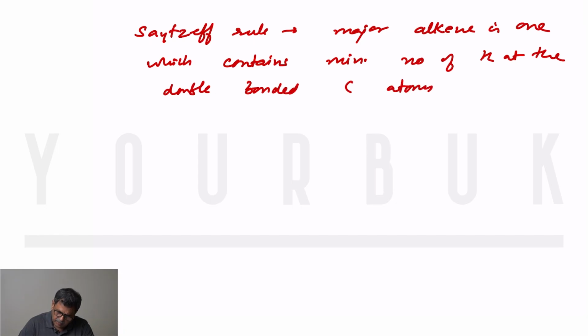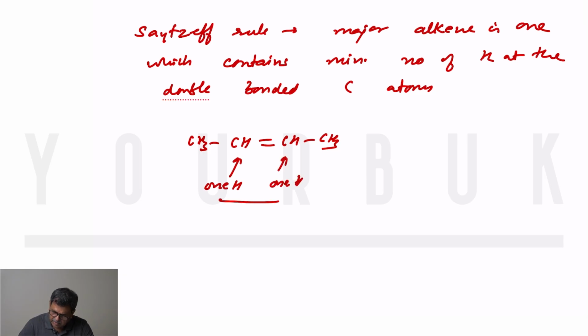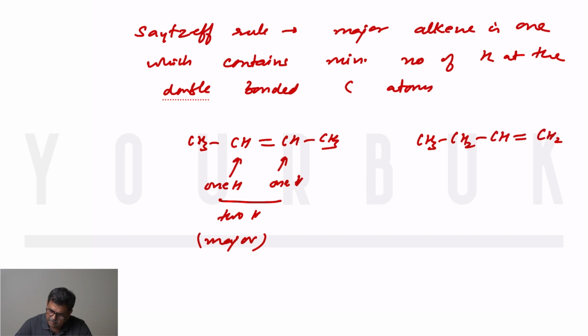So if you see but-2-ene, you have only two hydrogens present at the double bonded carbons. This has one H, this has one H. So in total you have only two hydrogens present. So this is the major alkene, whereas but-1-ene has three hydrogens at the double bonded carbons.